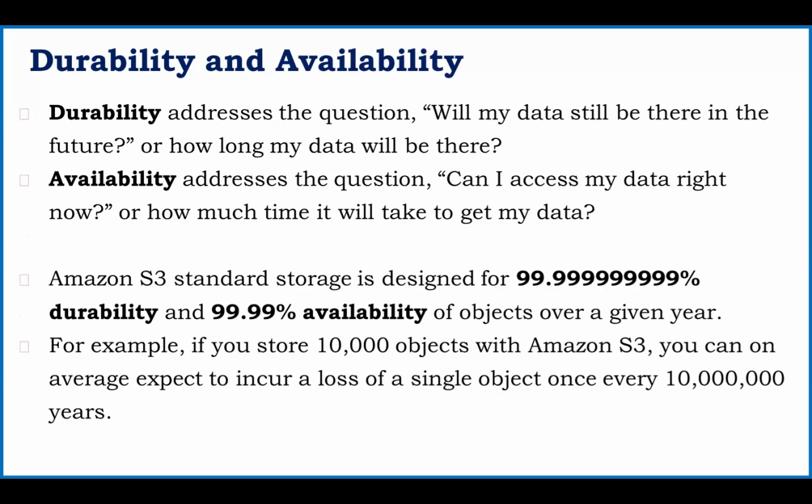It means, let's say we store 10,000 objects with Amazon S3, the loss of data because of a hard disk or any kind of loss between the objects can happen once in every 10 lakh years. Okay, maybe you can take this up later. Yeah, go ahead.